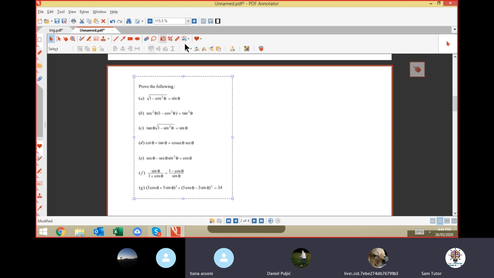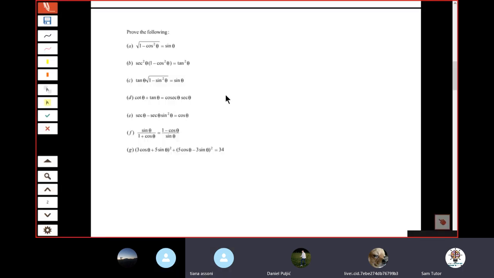A. Prove the following: the square root of 1 minus cos squared theta equals sine theta.